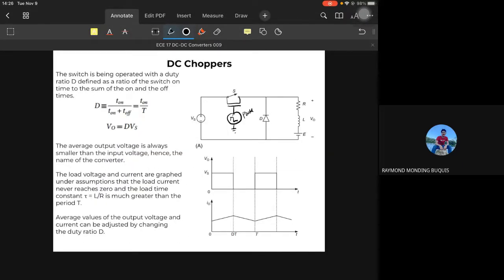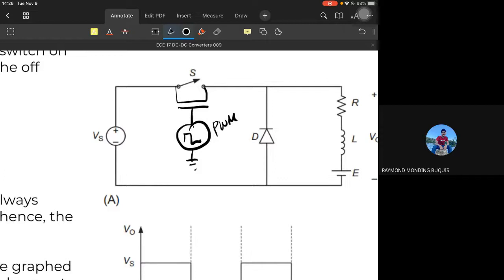So the DC to DC converters that follow generally use switching. The switch is operated using a pulse width modulated signal. Okay.